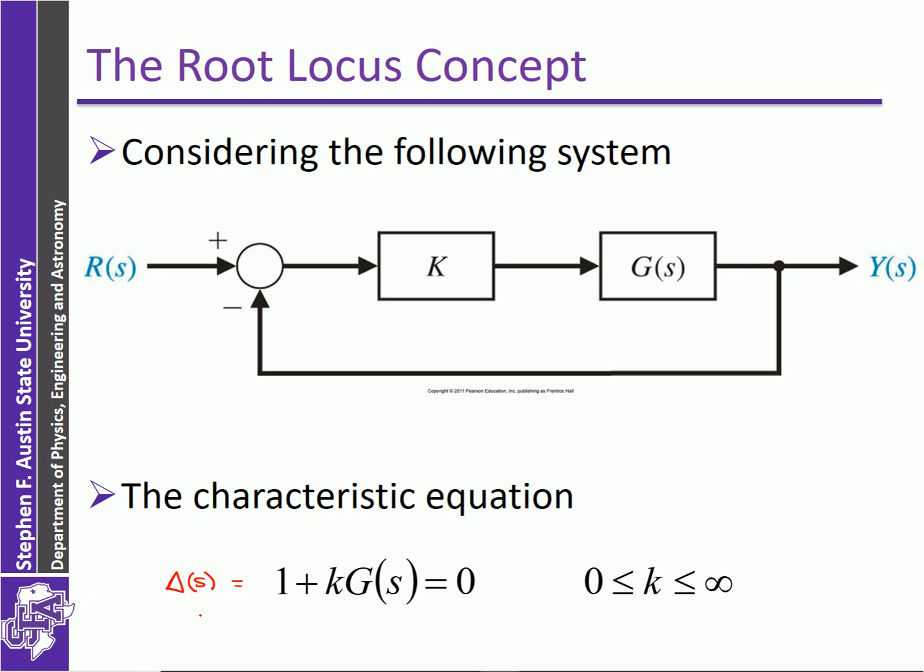So we grab delta(s), make it equal to 0, and we have our characteristic equation. Now we want our characteristic equation in this form in order to use the Root Locus method. So make sure that our characteristic equation looks in that specific way.